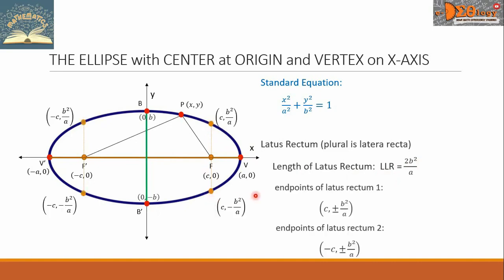The endpoints of the first latus rectum are (c, b squared over a) and (c, negative b squared over a). For the second latus rectum, the endpoints are (negative c, b squared over a) and (negative c, negative b squared over a).